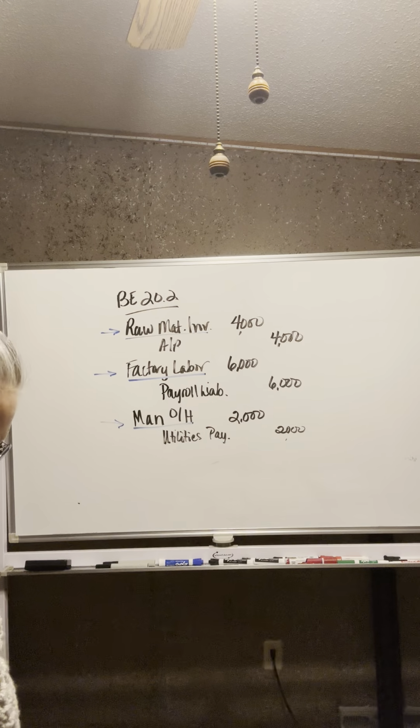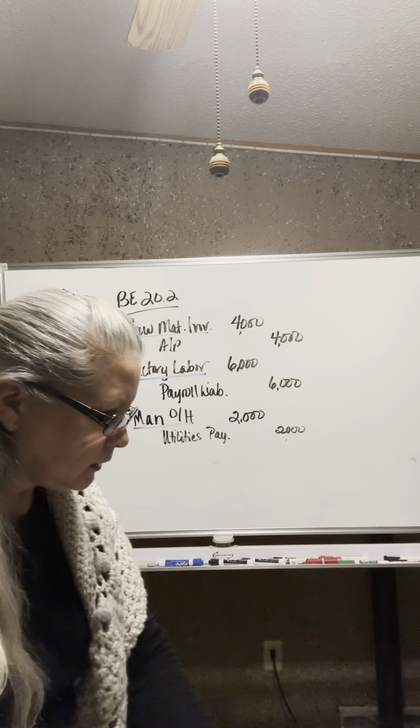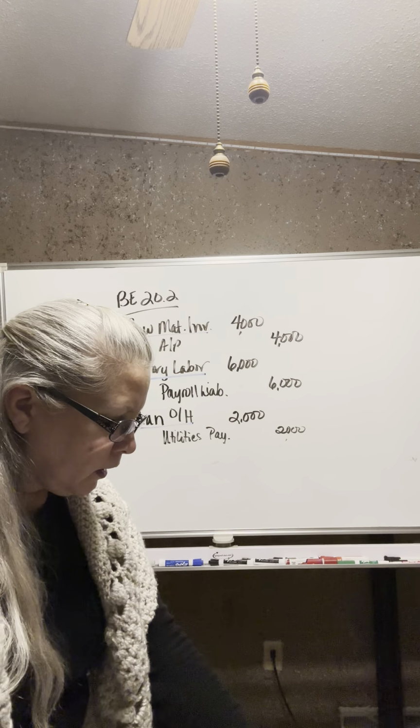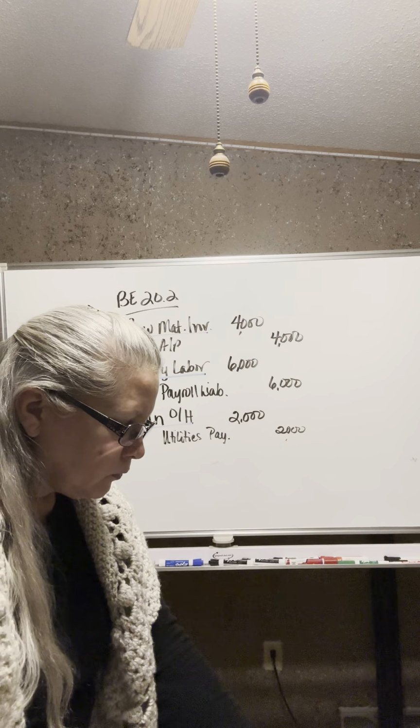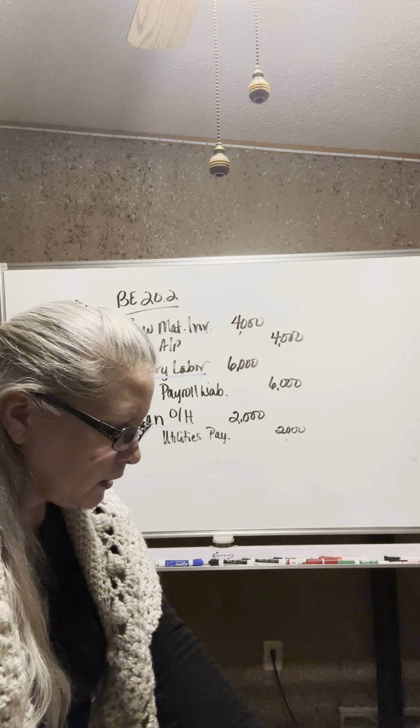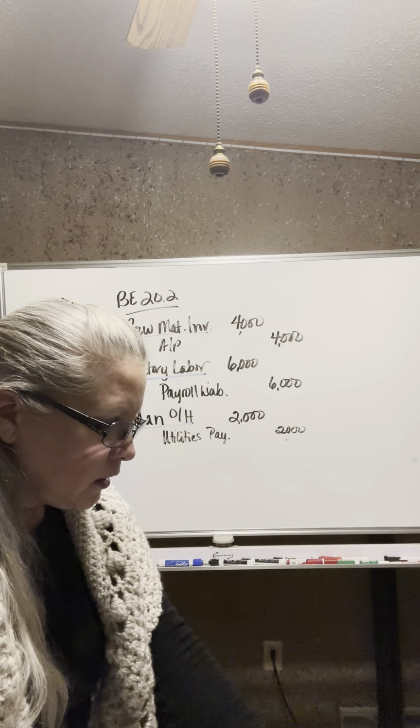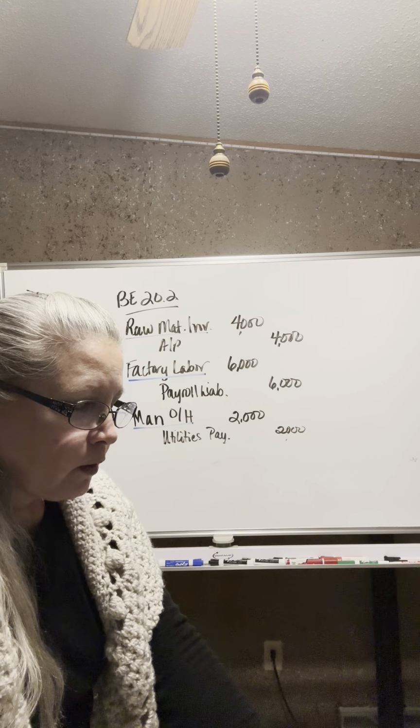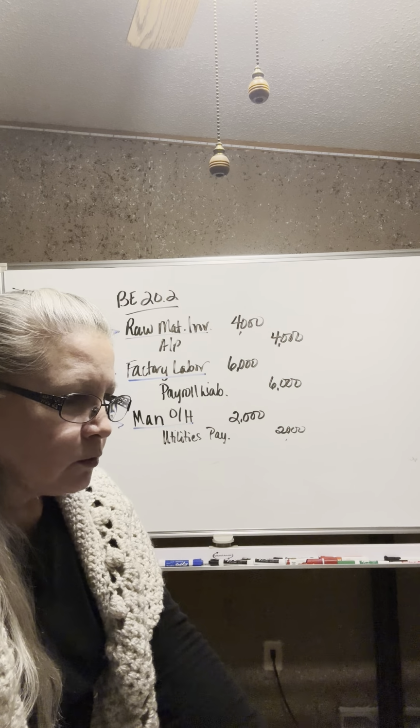Let's take a look at the example here. It's the middle of page 14. Wallace Company uses direct labor costs as the activity base. So you're going to have to know your direct labor dollars here.